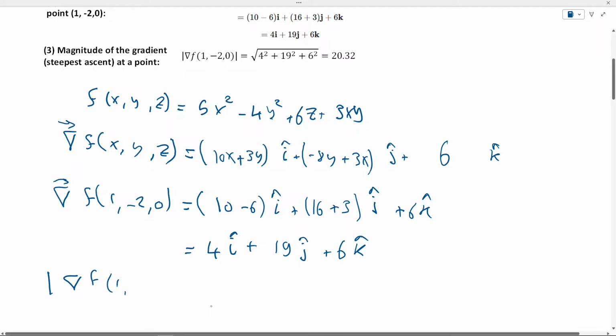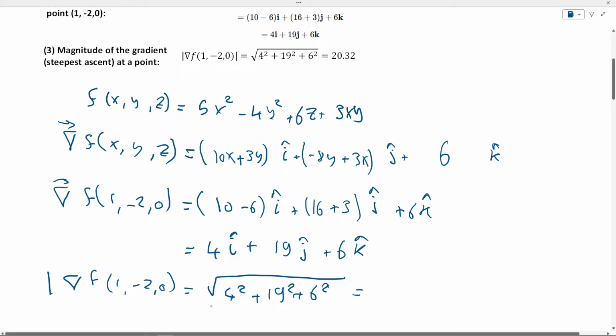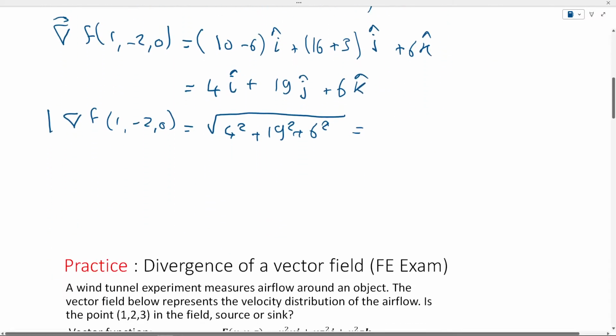So that would be 4 squared plus 19 squared plus 6 squared. Then if you use your calculator, you should get something that looks like this.